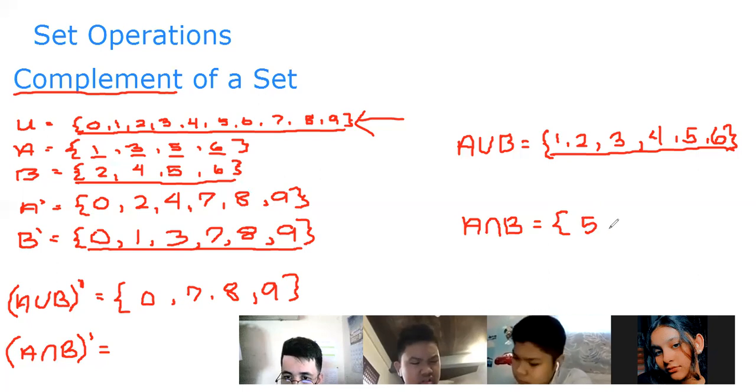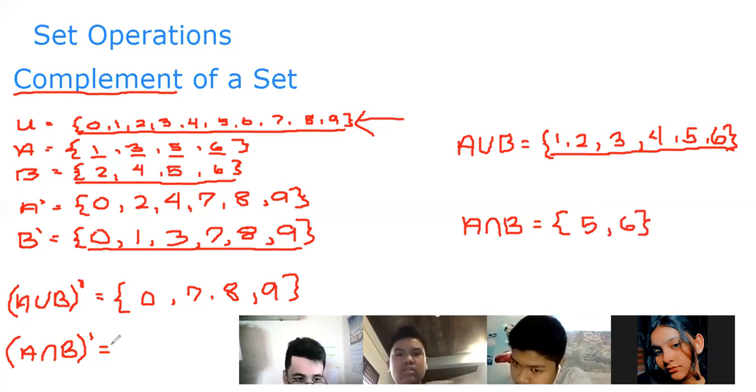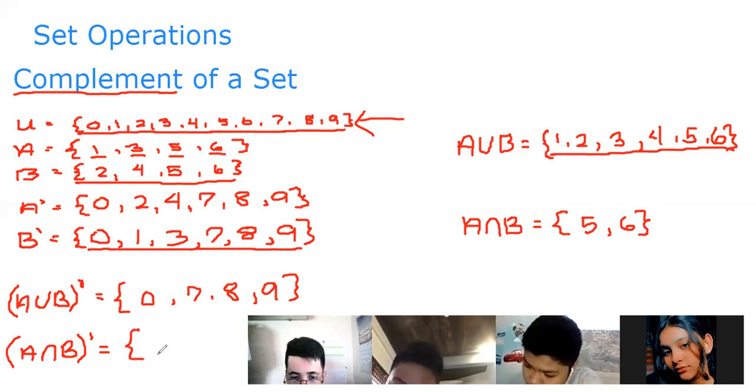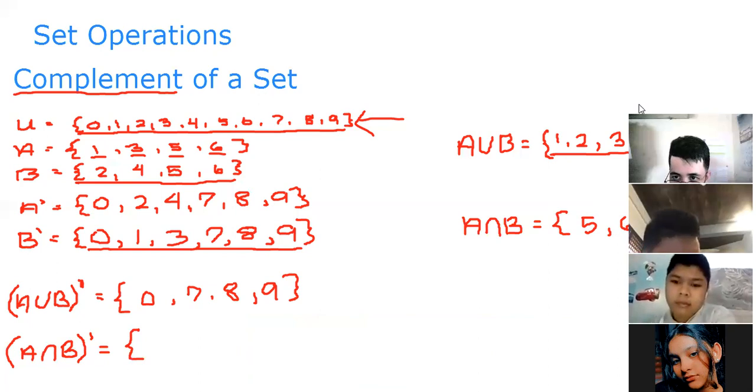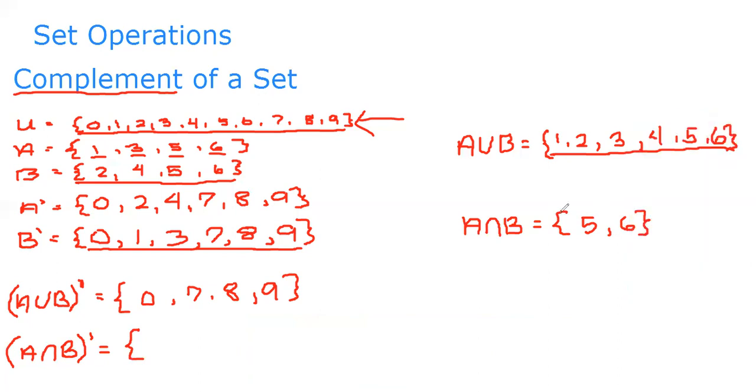What is A intersect B complement? If A intersect B is 5 and 6, so this 5 and 6 cancel na siya.